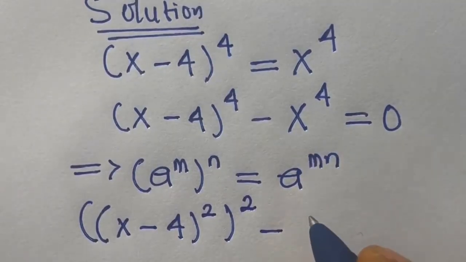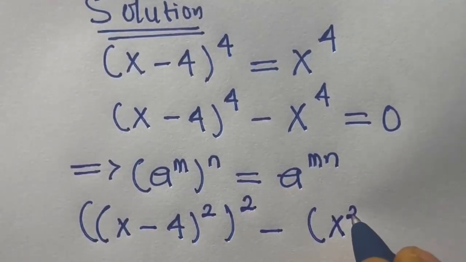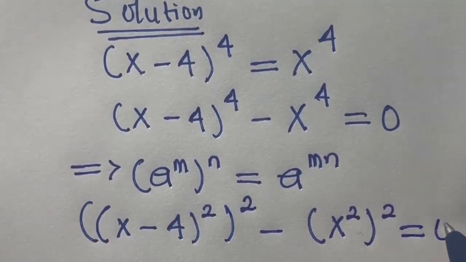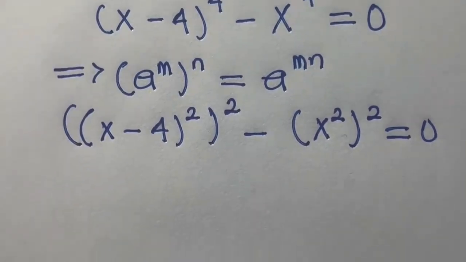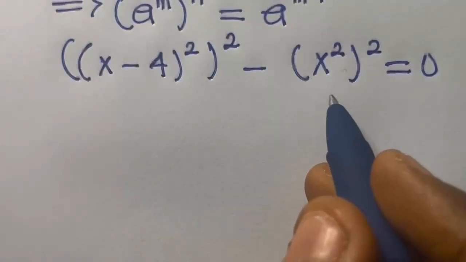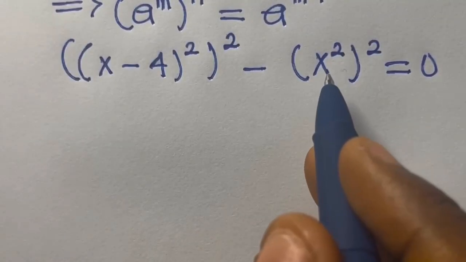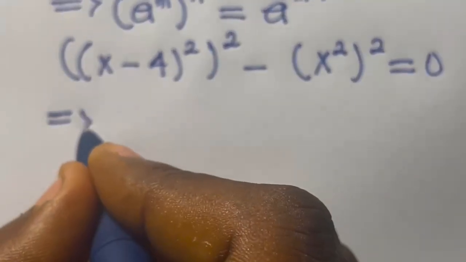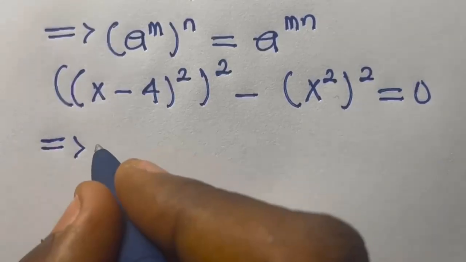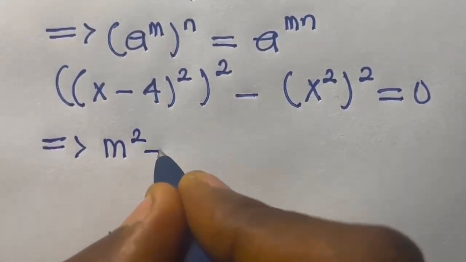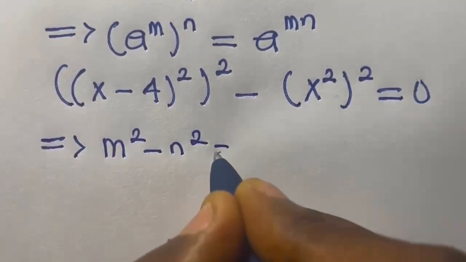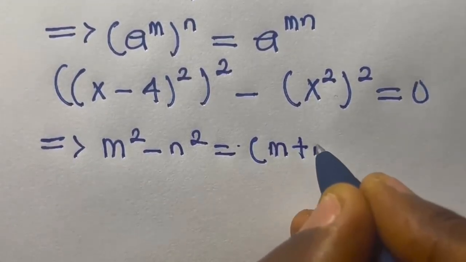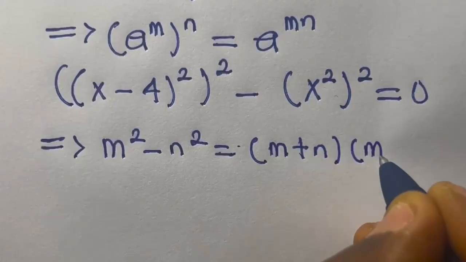Also this will be expressed as x squared, all raised to power 2 again. So we have an expression of the form of difference of two squares, which implies that m squared minus n squared equals m plus n multiplied by m minus n.